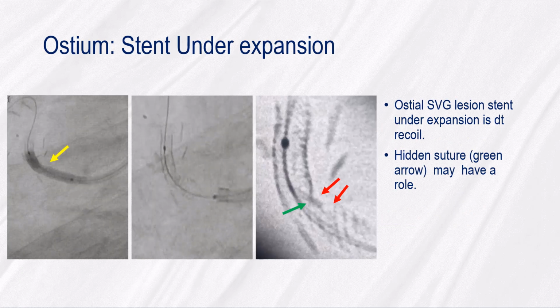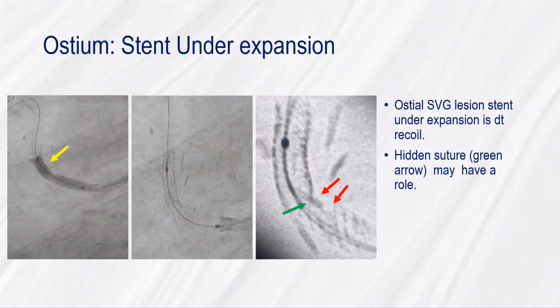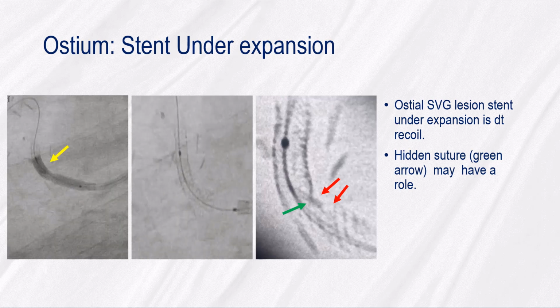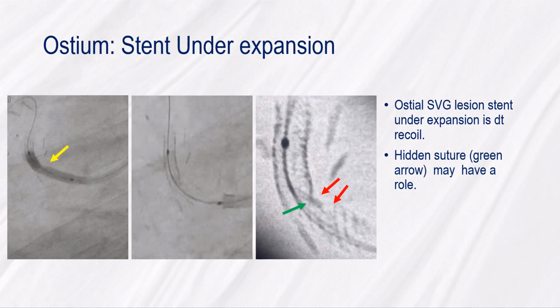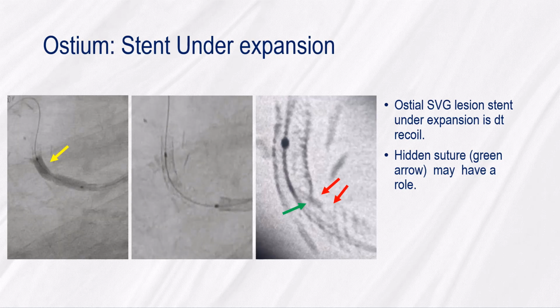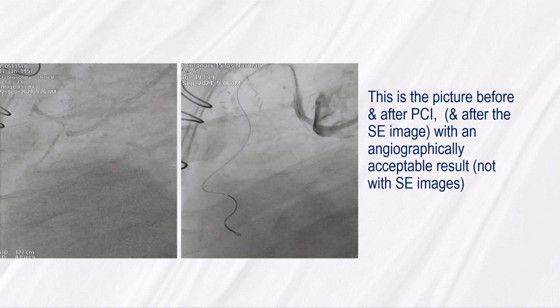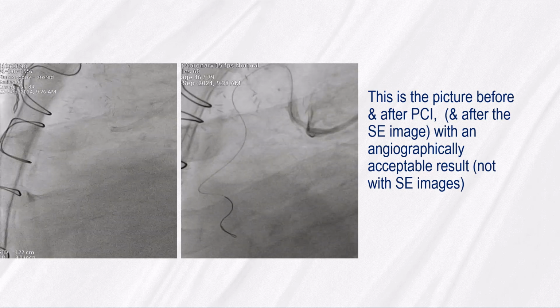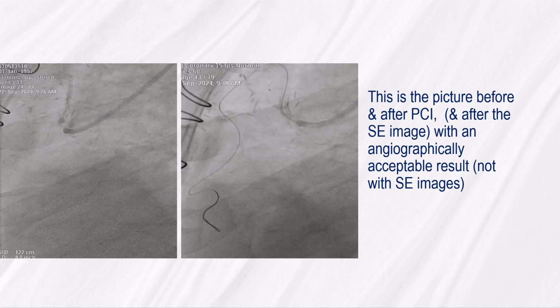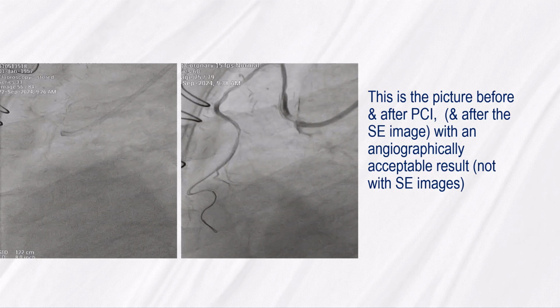As said before, ostial venous graft stent under expansion may be due to recoil. A hidden suture, green arrow, may also have a role. And this is the picture before and after PCI, after enhancement images, with an angiographically acceptable result.